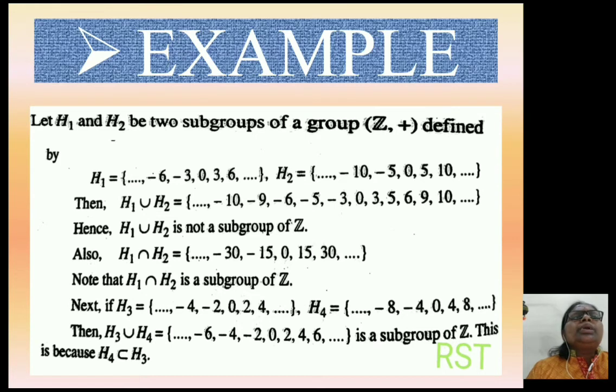Z is the set of integers and the binary operation is plus. Here H1 and H2 are two different sets.